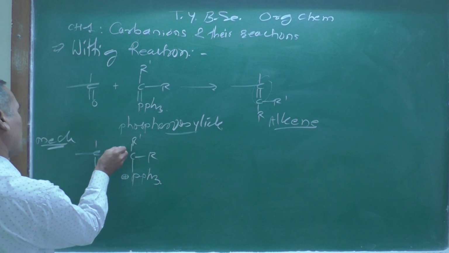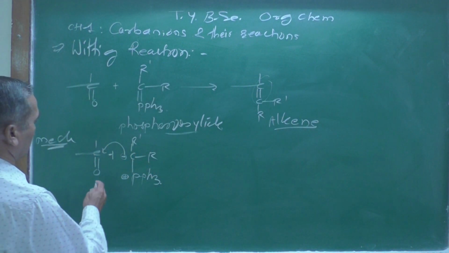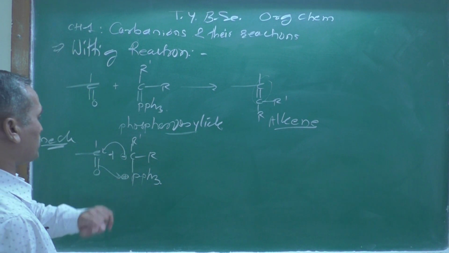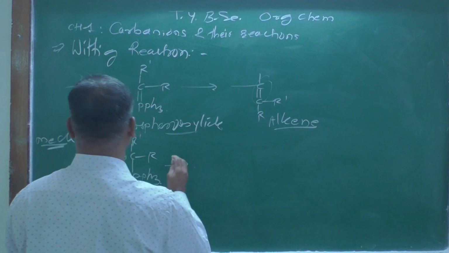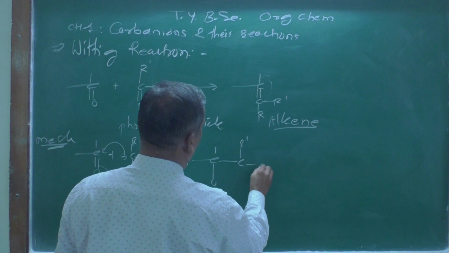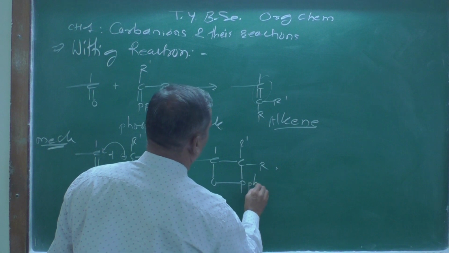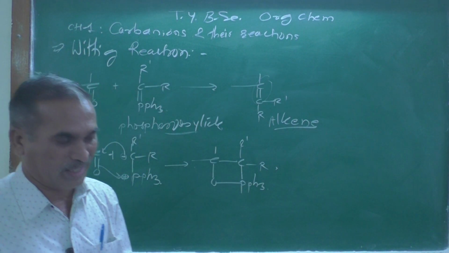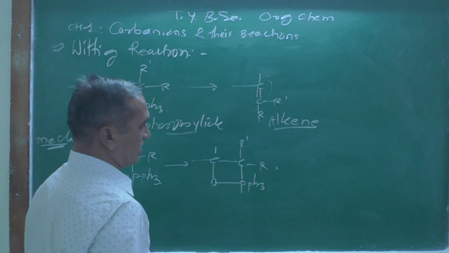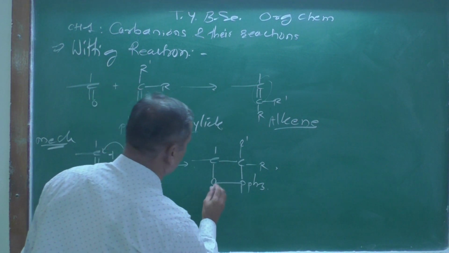Now this negative charge attacks the carbonyl carbon, which is electrophilic in nature, and the resulting compound has O, then C with R dash and R, then P with PPh3. When this four-membered ring is formed involving two heteroatoms, one oxygen and one phosphorus, this type of intermediate is called a betaine.